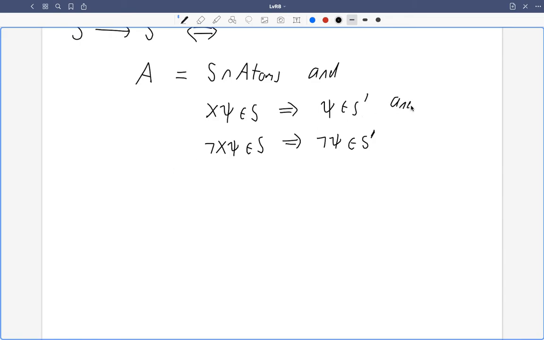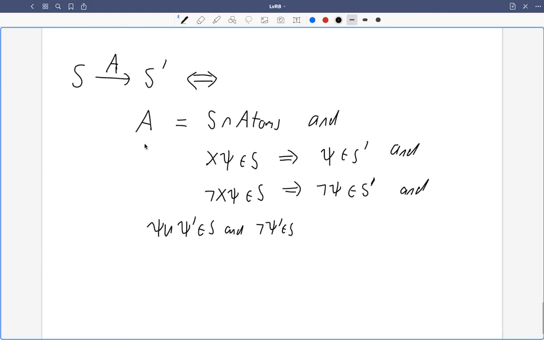So if we've also got that psi until psi prime belongs to S, and not psi prime belongs to S, then in this case, psi until psi prime was holding at state S, but we hadn't yet got to psi prime.